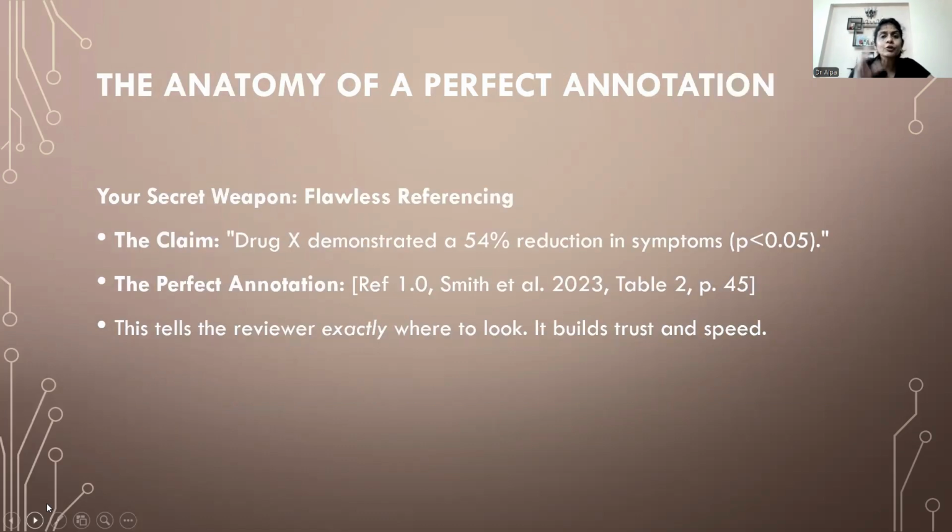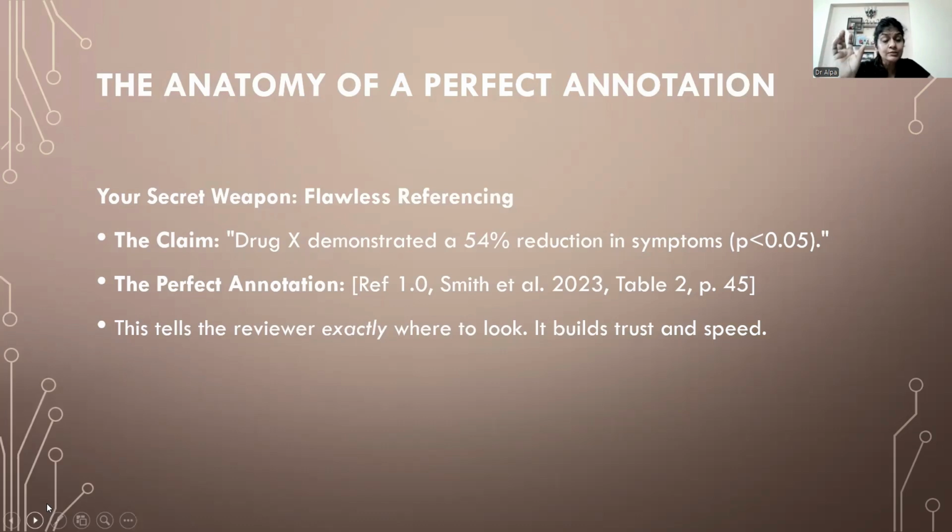Now coming to, if we talk about annotating. As we have covered in our other modules also, this is one of the foundation steps for a medical writer. Annotate whatever you are writing, right?